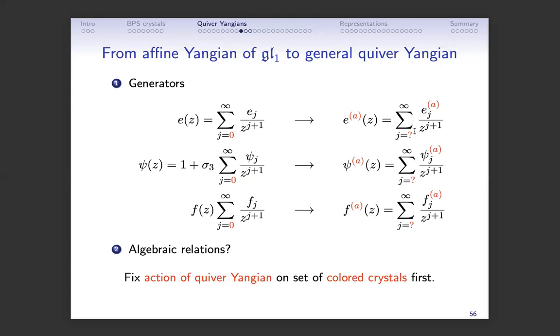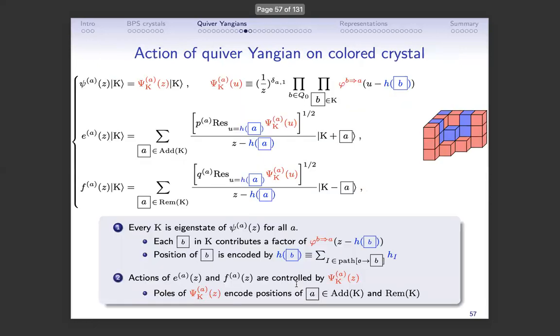Now, to start with, I'll just be agnostic here. I want to fix the algebraic relations here. To do that, let me try to fix the action of the quiver Yangian on the corresponding set of color crystals. This is a very natural generalization from the alpha Yangian GL1 case.